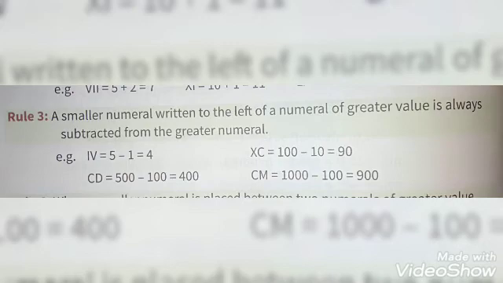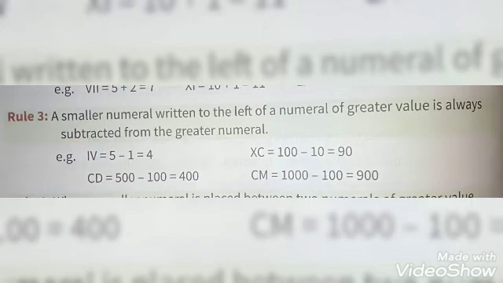For example, IV. I is 1 and V means 5. Now because I is on the left side of V, then we will subtract 1 from 5. It will come 4. CD. What is D? D is 500. What is C? C is 100. So 500 minus 100, 400 will come.